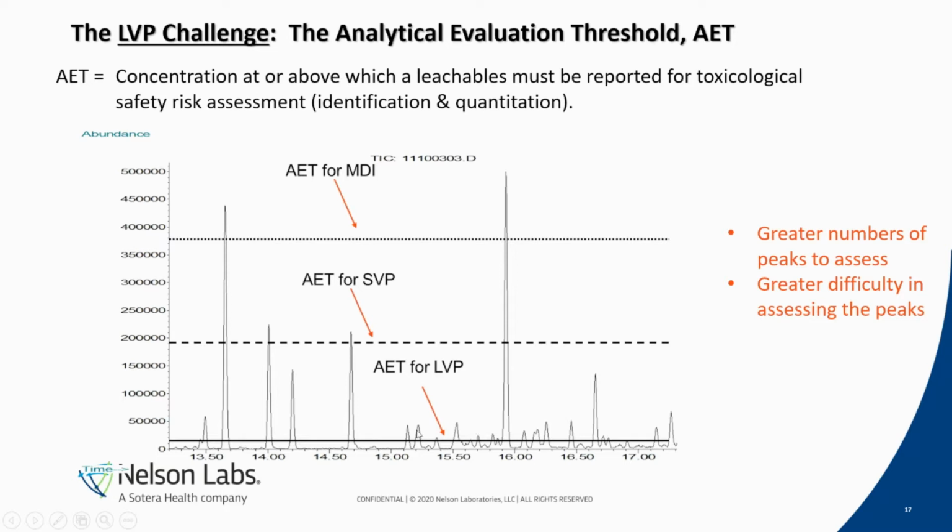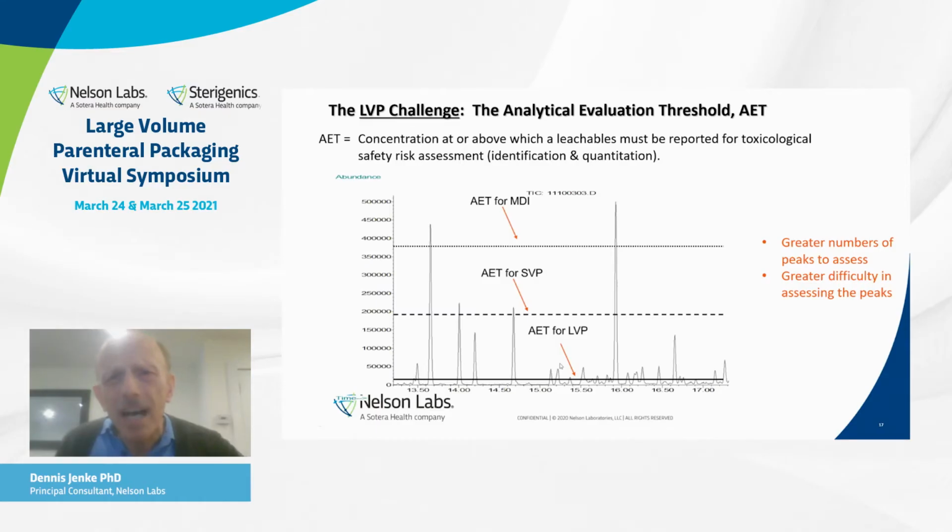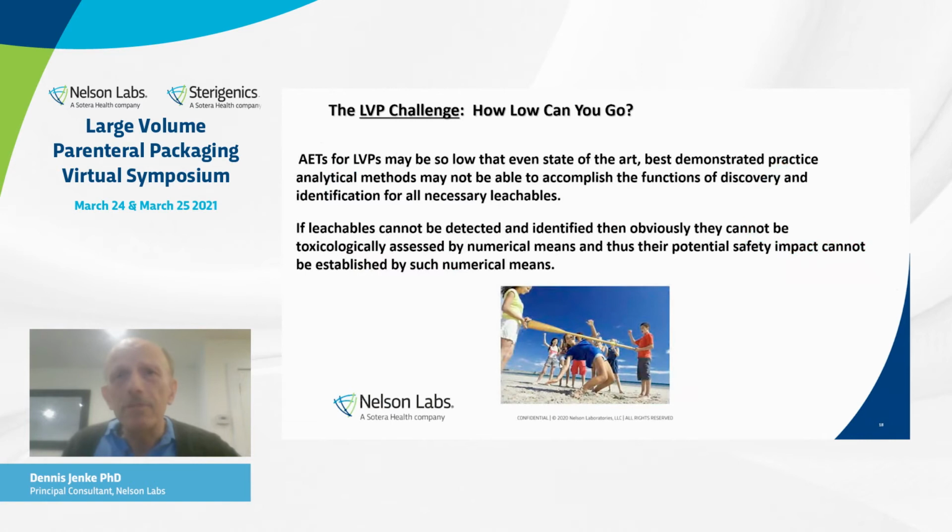The information for identifying these compounds is usually less rigorous, and once they're identified, they tend to be uncommon compounds, so it's hard for the toxicologist to find good data for them. So the issue for the analytical chemist is, how low can you go? How low can you limbo? It's as simple as that.